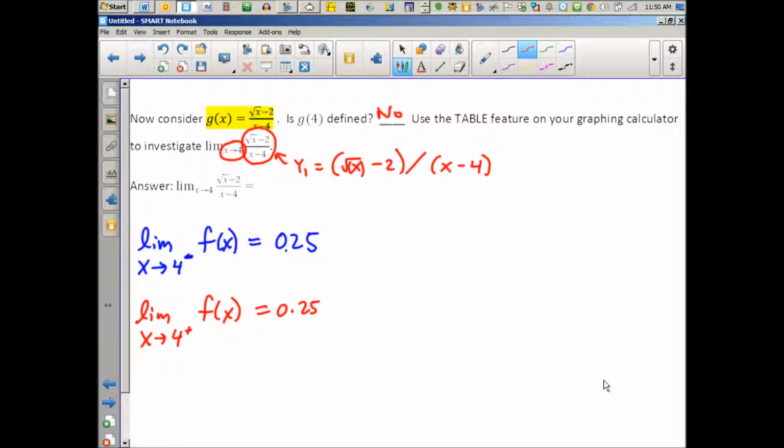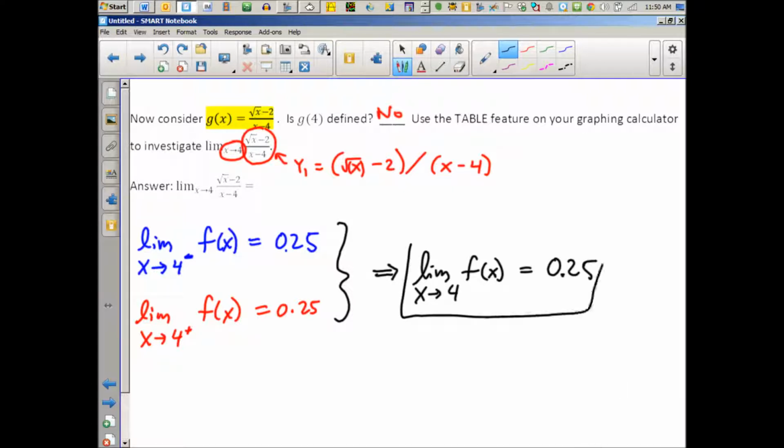And once you've concluded that both of these are the same, you then can state that the limit in general near 4 is 0.25. And I don't know why I was using f of x. I was supposed to be using g of x all along, so let me fix that real quick.